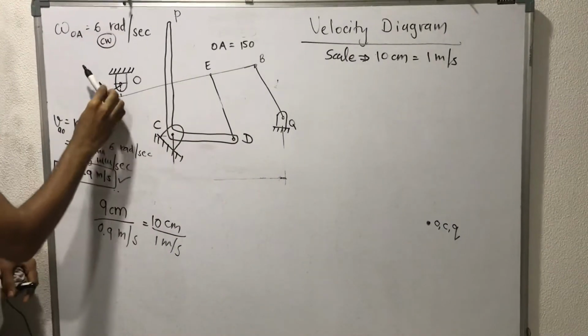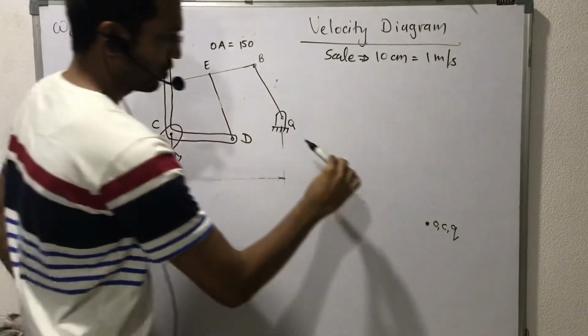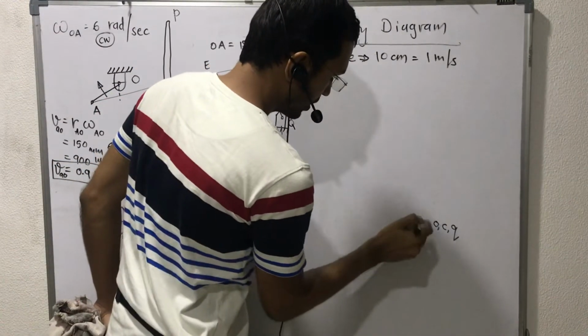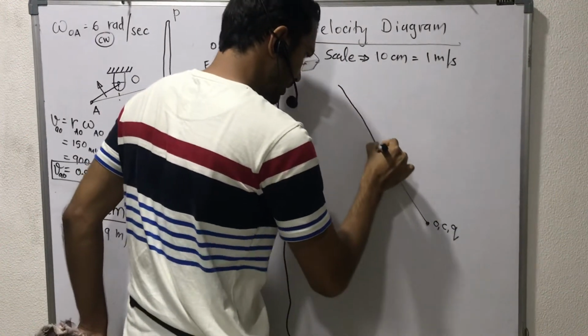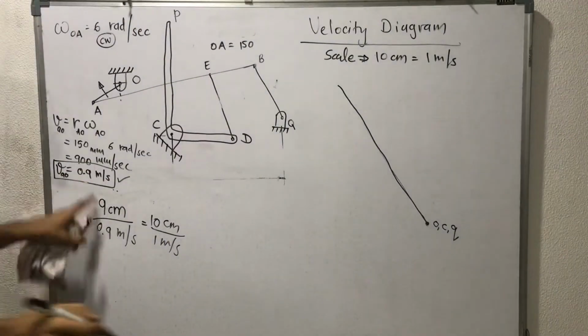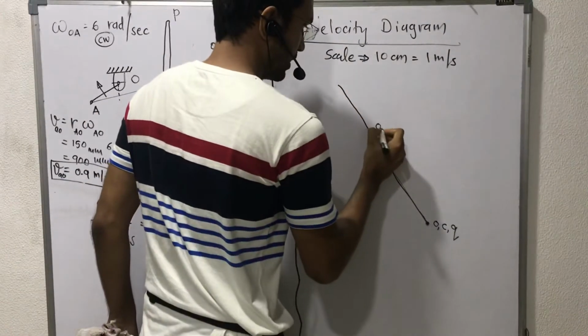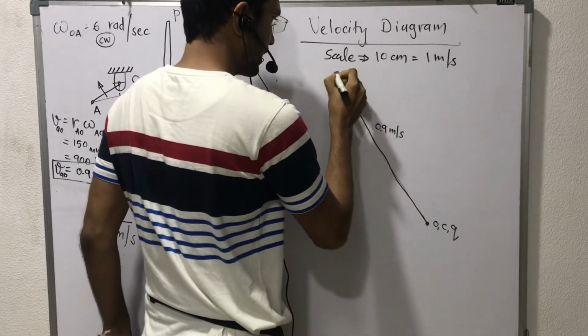Now let us draw a line perpendicular to AO passing through O. So here it is the perpendicular line of AO and that is equivalent to 0.9 meter per second. And ultimately here it is A point.